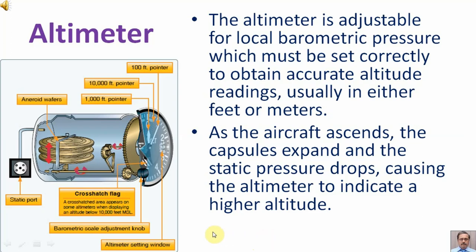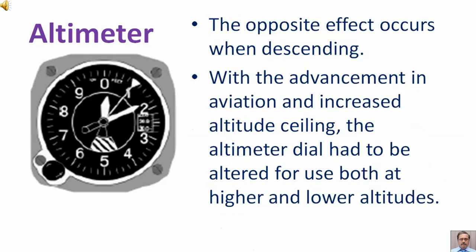As the aircraft ascends, the capsules expand and the static pressure drops, causing the altimeter to indicate a higher altitude. The opposite effect occurs when descending.